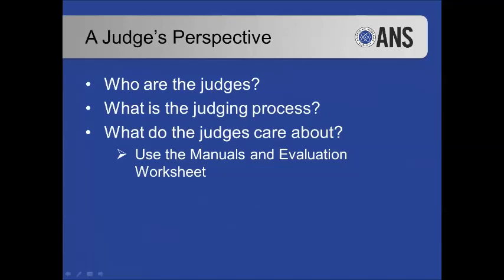What is the judging process like? Basically, you submit your proposals, and the judges who were selected by our SSC chair will each individually review all of the proposals independently, and we use a judging sheet. It's called the evaluation worksheet, and it is actually available online for everyone to see.